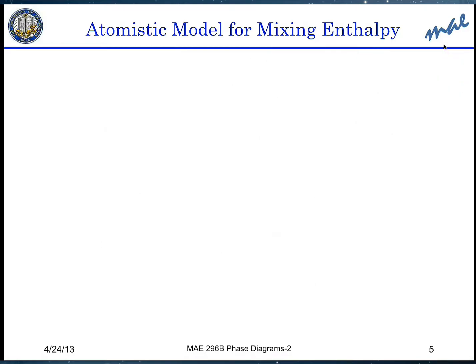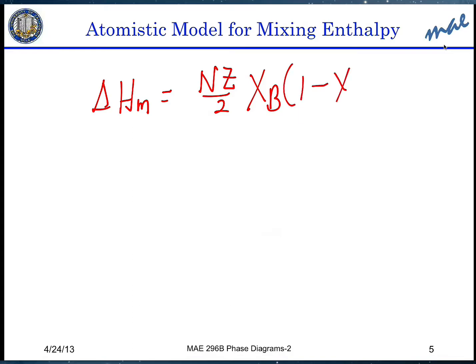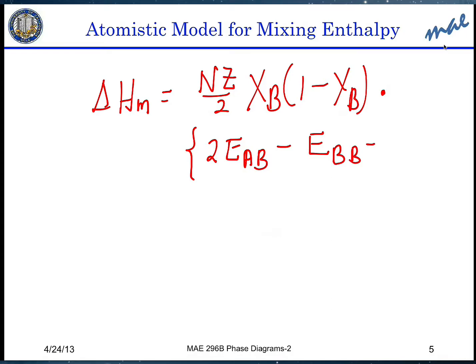And I can make it simpler by writing now that finally I have delta H mixing is equal to NZ over 2 times X sub B times 1 minus X sub B times a factor, and this factor is twice the energy of bond between A and B minus EBB minus EAA.